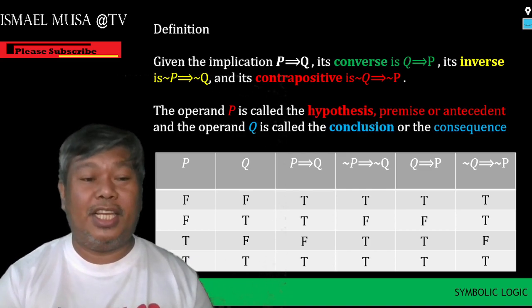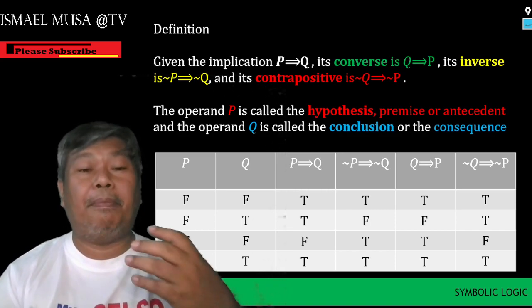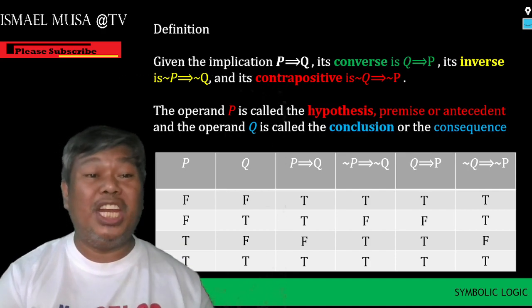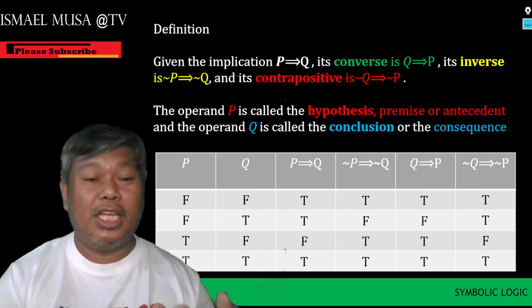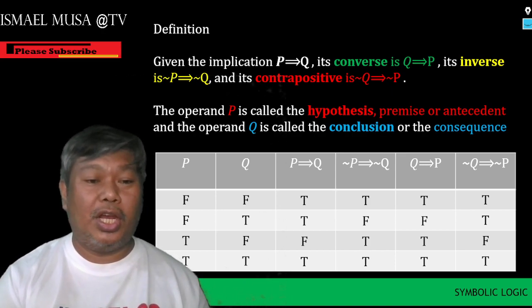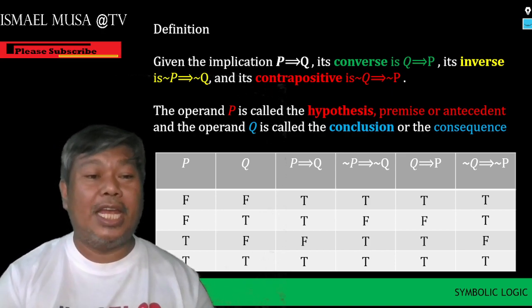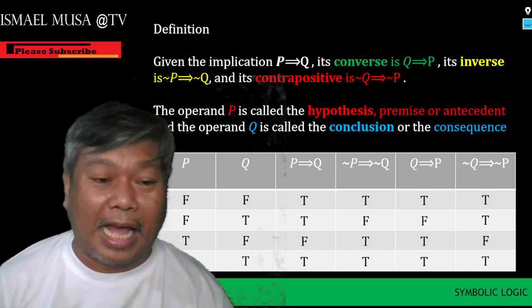While the inverse is we negate both P and Q. So P implies Q. The inverse is not P implies not Q. While the contrapositive is we negate both statements and we also make the conclusion the hypothesis. So instead of not P implies not Q, we say not Q implies not P. Okay.